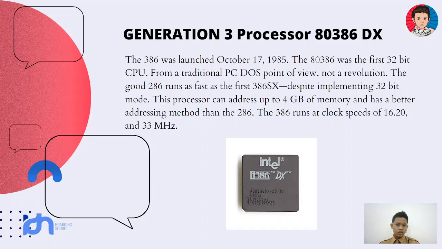Not a revolution, the good 286 ran as fast as the first 386SX. This chip implements 32-bit mode. This processor can address up to 4 GB of memory and has a better addressing method than the 286. The 386 runs at a clock speed of 16, 20, 25 and 33 MHz.